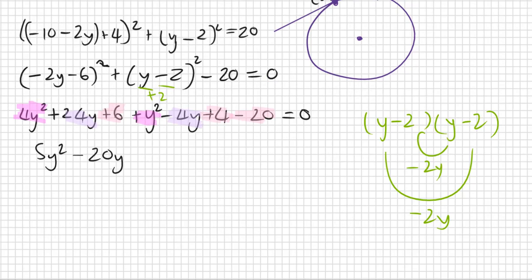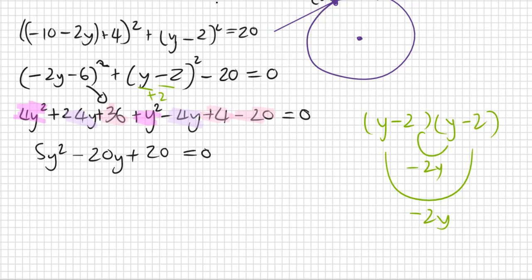And 6 plus 4 is 10, minus 20 is negative. Something's wrong with this. That's not correct at all. What is 6 times 6? It's 36. Okay, so we have 36 plus 4 minus 20. So that's just going to be 20, equal to 0.